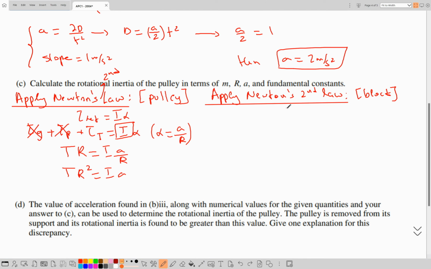In this case we have that the net force is ma, which means the pull of gravity plus the tension, let me say it's capital T, equals ma. So remember, this is a vector equation. We need to project it. I will project along the vertical, taking the positive direction to be down.